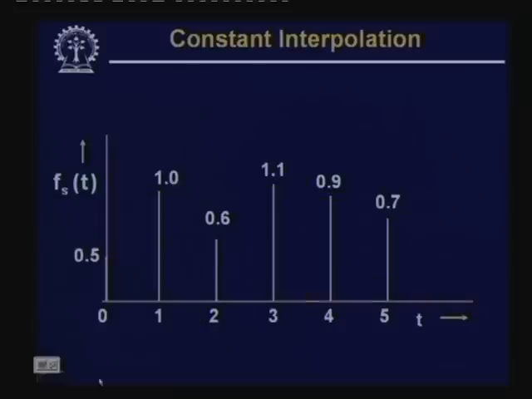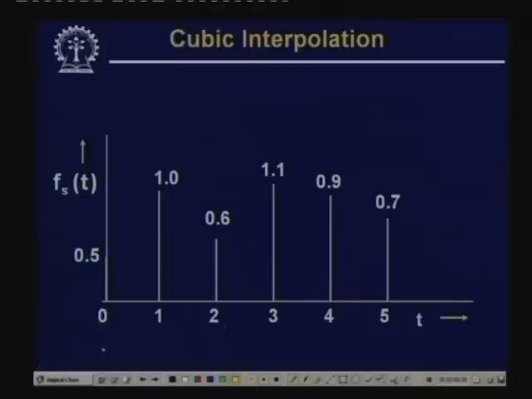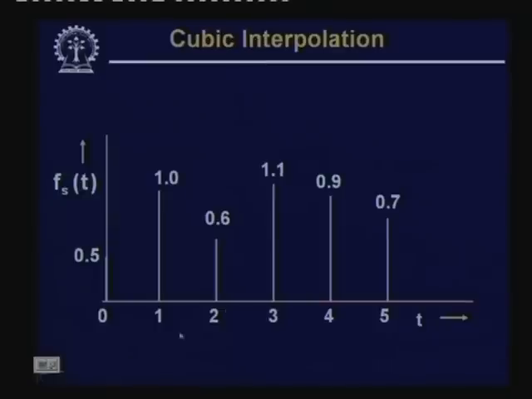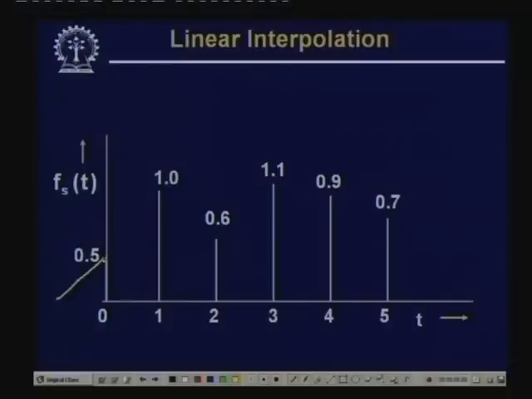Similar is also the case for linear interpolation. In case of linear interpolation, when I consider the value of p 0, I consider b minus 1 to t, and b minus 1 to t is something like this, where from minus 1 to 0, this increases linearly, attains a value of 1 at t equal to 0.